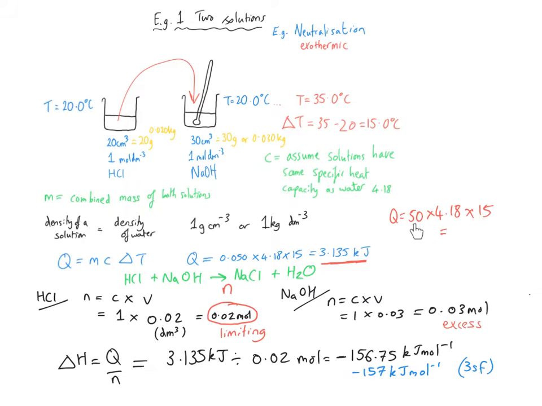The only difference would have been 50 as the mass instead of 0.05. And so therefore our energy change would have been 3135 joules. And then we would have to have divided that by 1000 to get 3.135 kilojoules. And then we could have plugged the number in down here as before.